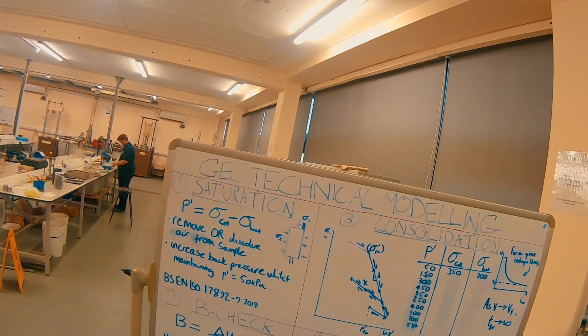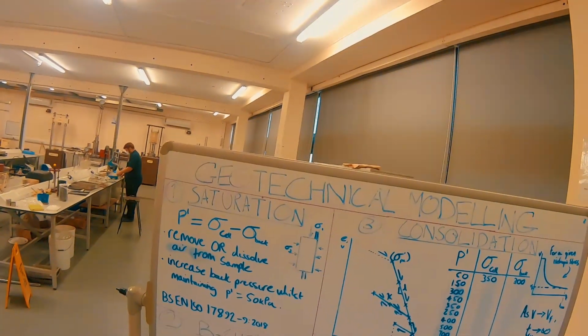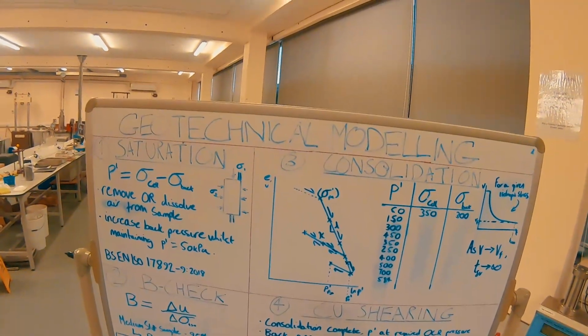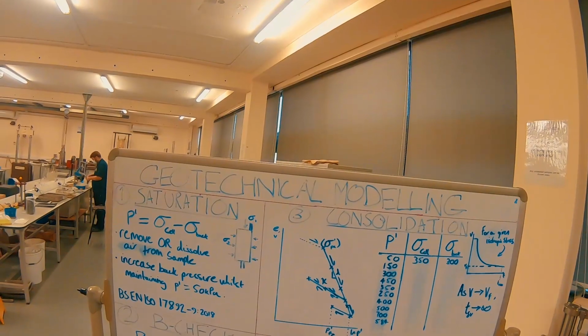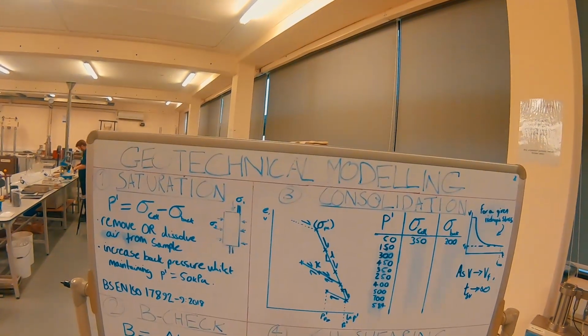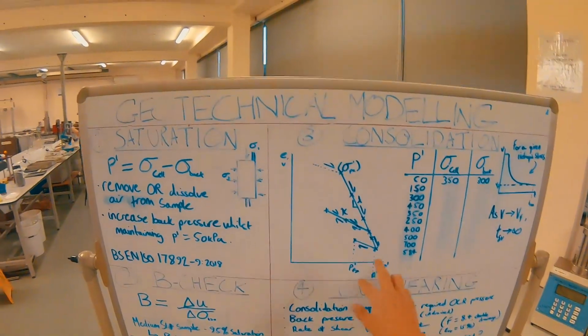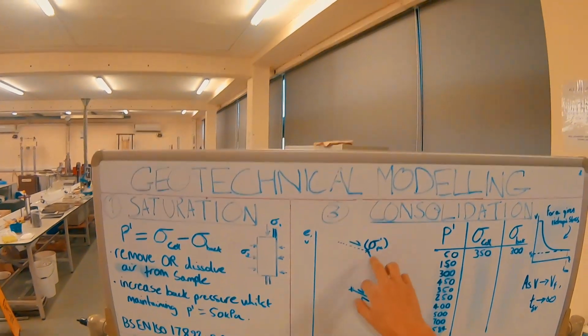So, returning to our graph of voids content or specific volume against a log of P dash, we're going to think about a few different things. The first of which is our pre-consolidation stress, marked out here at the top of this curve.